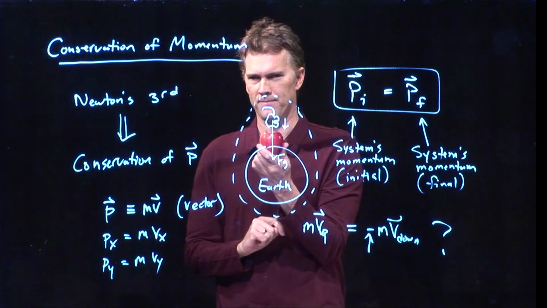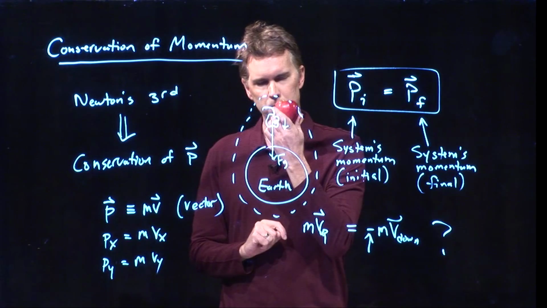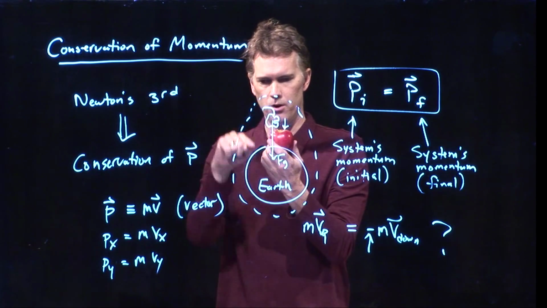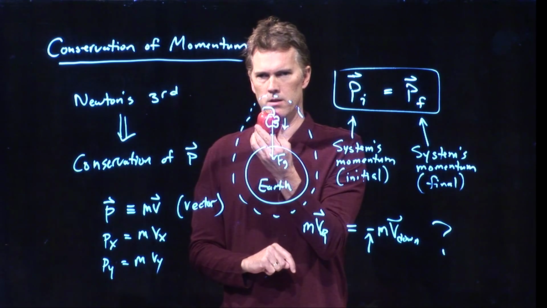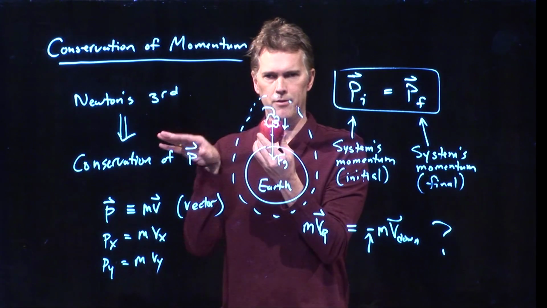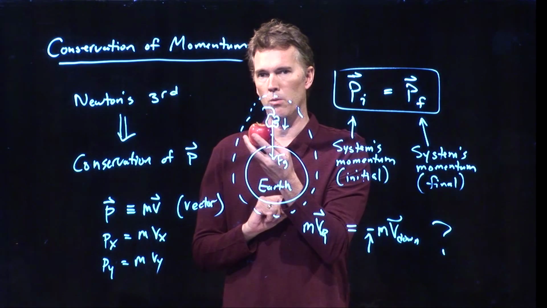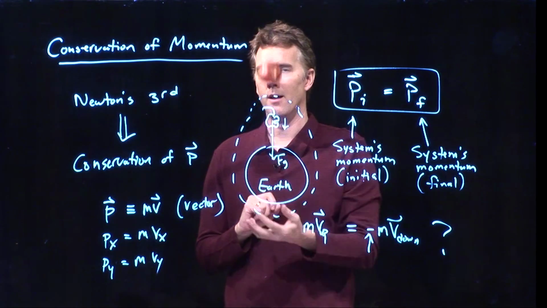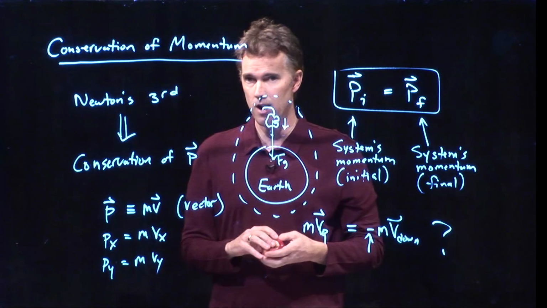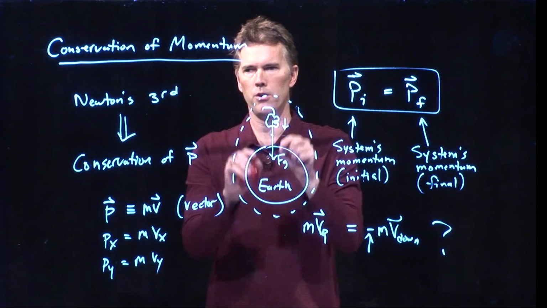What's your name? Emilio. Okay, Emilio, what's the momentum of the apple-Earth system right now? 0? 0, because the Earth isn't moving, the apple's not moving, everything's stationary, right? Velocity 0. So now, when I throw it up, and it's on its way up, what is the momentum of the apple-Earth system?